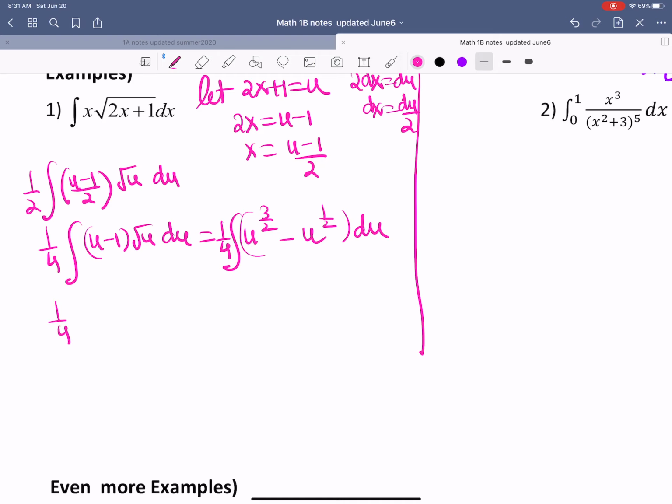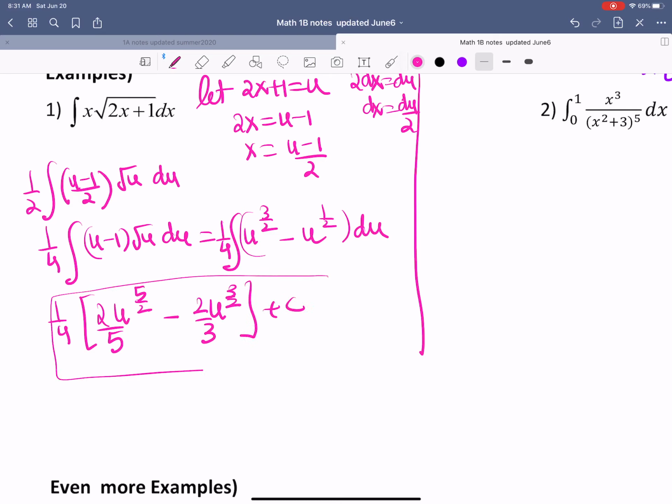Okay, so when we do the integration here, add 1 to the exponent. 3/2 plus 1 is 5/2. And I'm also dividing with 5/2, which is same thing as multiplying by 2/5. And 1/2 plus 1 is 3/2. I'm also going to divide with 3/2, which is same thing as multiplying by 2/3 plus a c. That's my constant of integration.